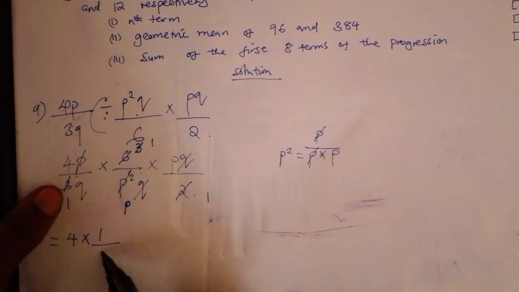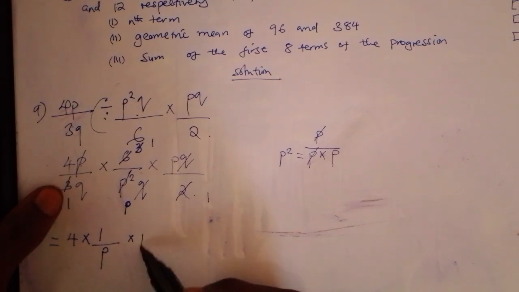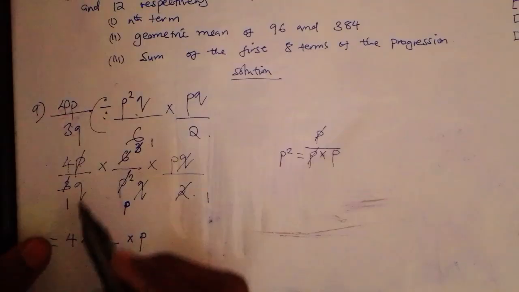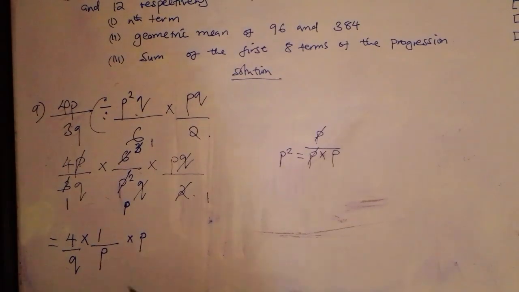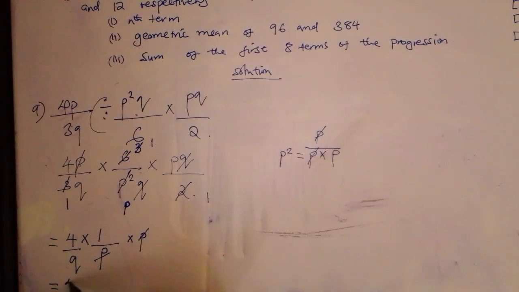Then here we remained with P. Then here, sorry, we remained with Q. Yeah. So now this P can cancel with this P. So therefore our final answer is 4Q.